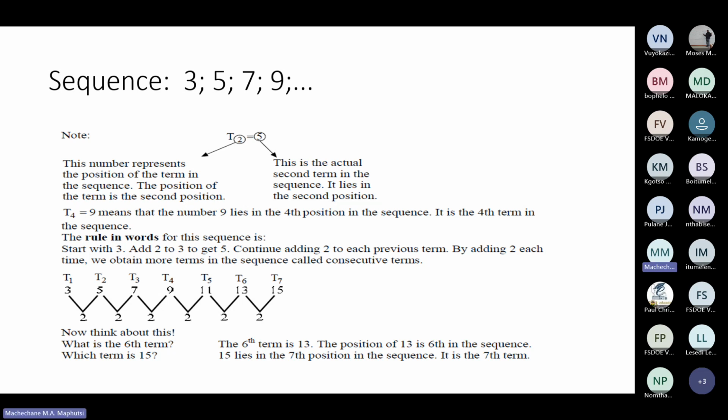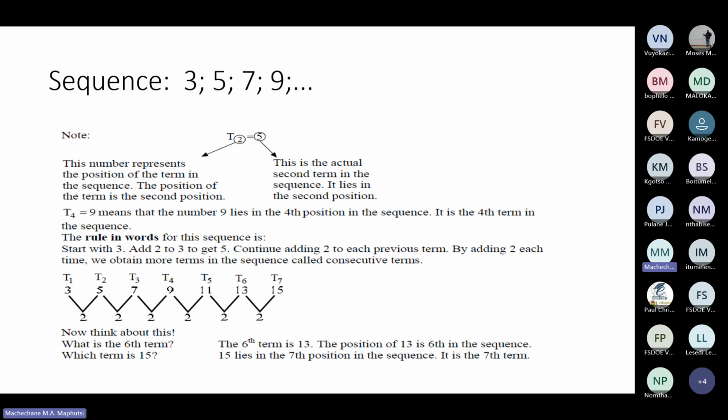Okay, so now look at these terms that I've listed here. Term 1 is 3, term 2 is 5, term 3 is 7, term 4 is 9, term 5 is 11, term 6 is 13, and term 7 is 15. Now, think about this. What is the sixth term?